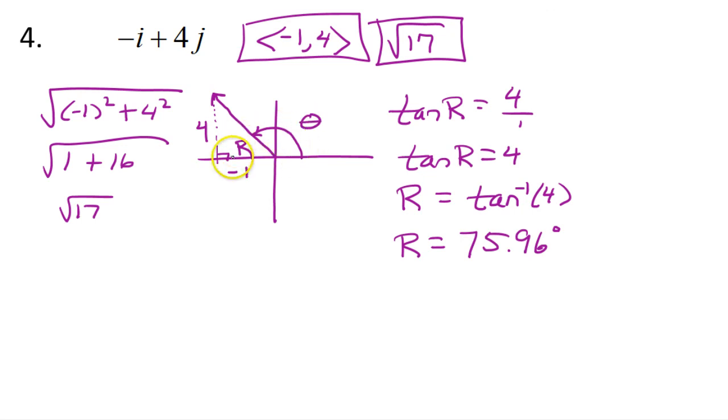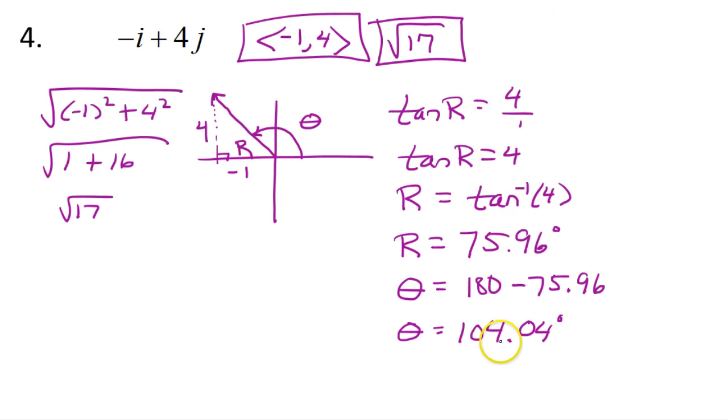So this was on its way to 180 degrees, but it had to stop short by a value of r. So this direction angle theta should be 180 minus the 75.96. So that's 104.04 degrees. That is the direction of the vector.